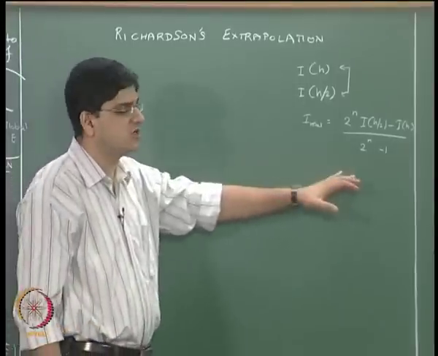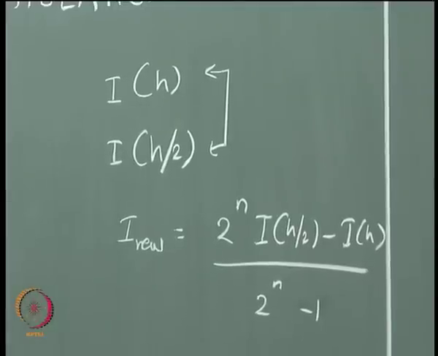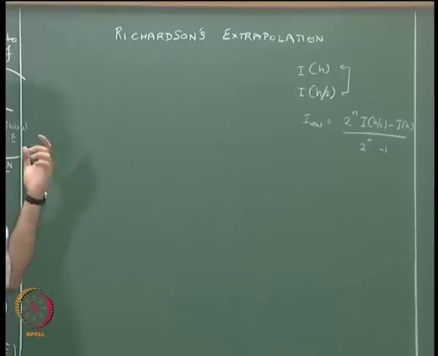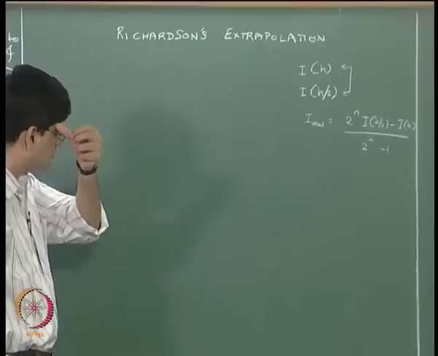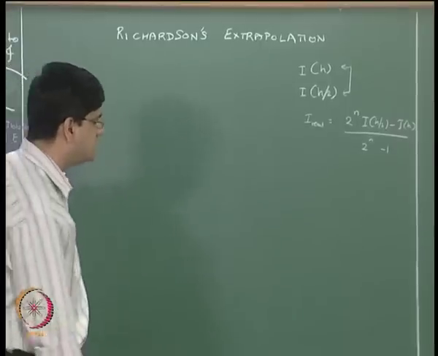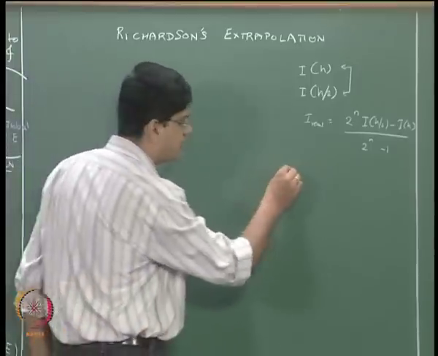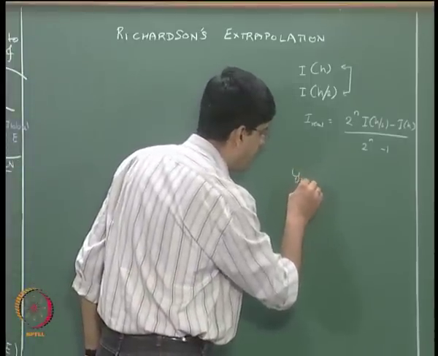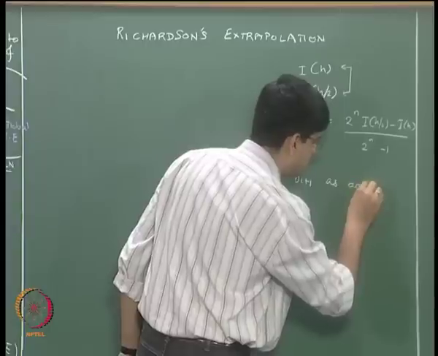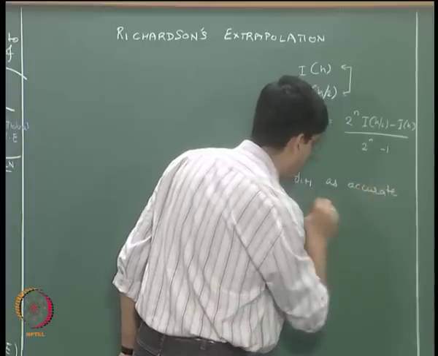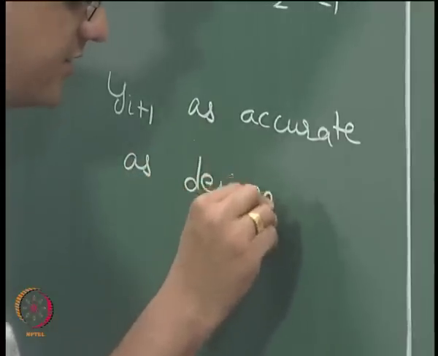We are going to go over almost the exact same derivation for Richardson extrapolation in case of the Runge-Kutta methods, or ODE solution methods. The idea is that we want to get yi plus 1 as accurate as desired.